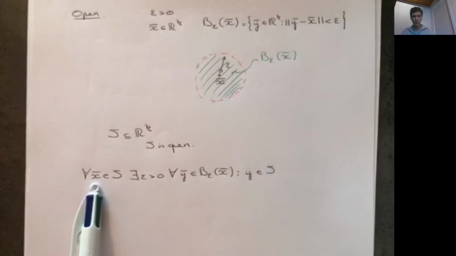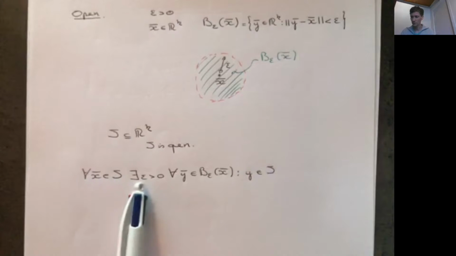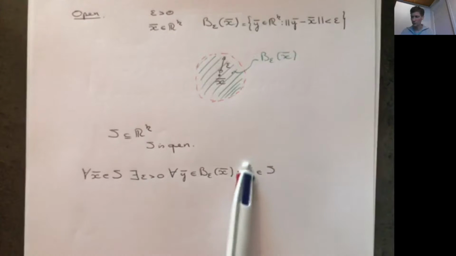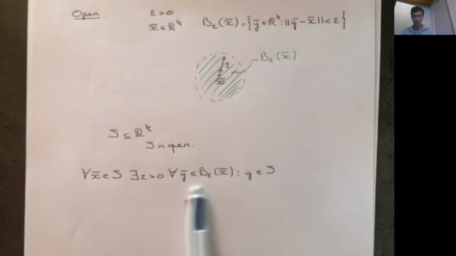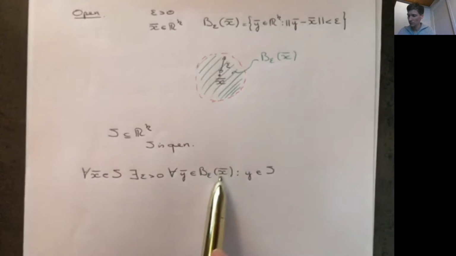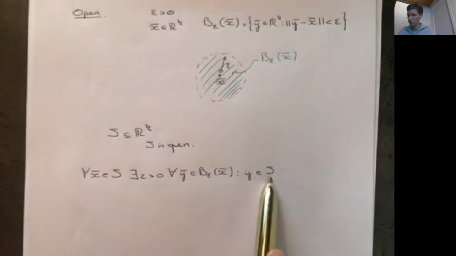So for any element that I can find in the set, this basically says I can draw a ball of some strictly positive radius around this vector such that anything inside this ball should also be in the set.